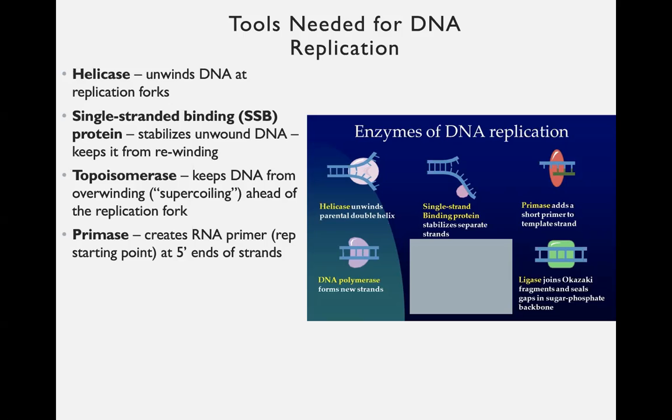It's just an RNA primer, kind of sets it up, and then from there, you can put down new DNA nucleotides. So primase is what does this. Primase lays down this little section of RNA at the very beginning of the new strand of DNA. So primase creates the primer.